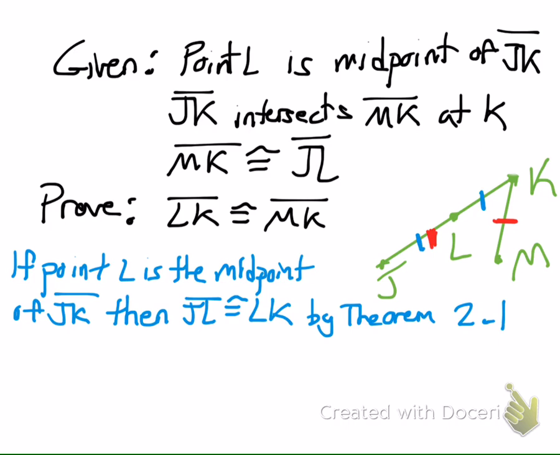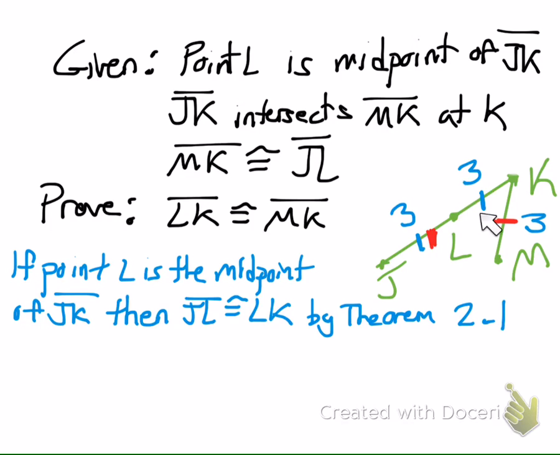What I'm trying to prove is that LK, this piece, is the same as this piece. Let's say we put some numbers to it. If, let's say the blue markings were 3 inches, therefore that had to be 3 inches. And we said that was 3 inches, which means that has to be 3 inches.